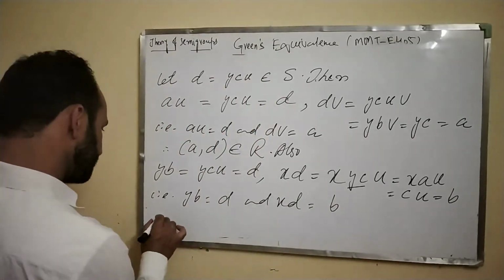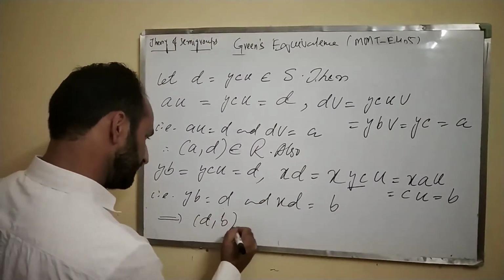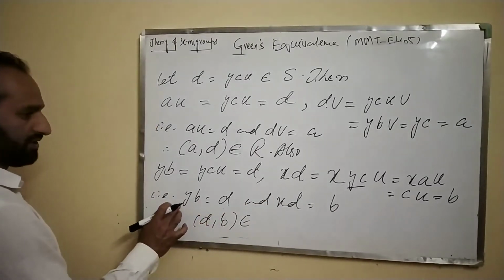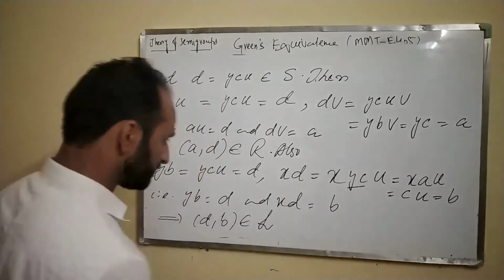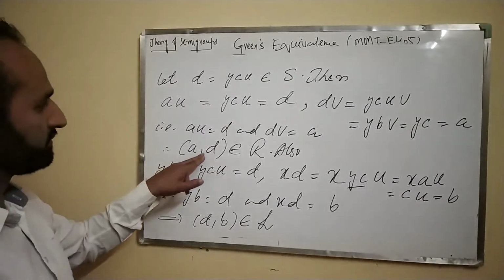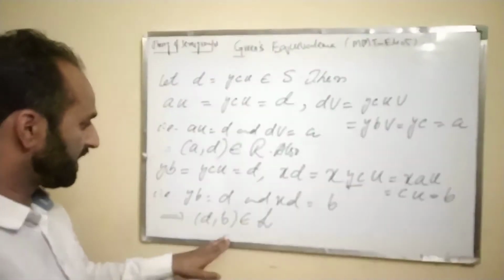So this implies D, B, they are L related, because X and Y are on the left side. So thus this pair AD is R related, and this one DB is L related.